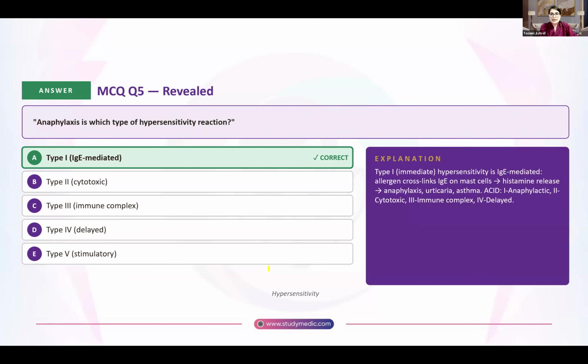This is how the anaphylactic reactions happen. The cytotoxic response is type 2. Type 3 is immune complex mediated, and all the immune complex diseases fall in this category. Type 4 is a delayed response, which you also have to remember. And type 5 is a stimulatory response, which you have to remember.